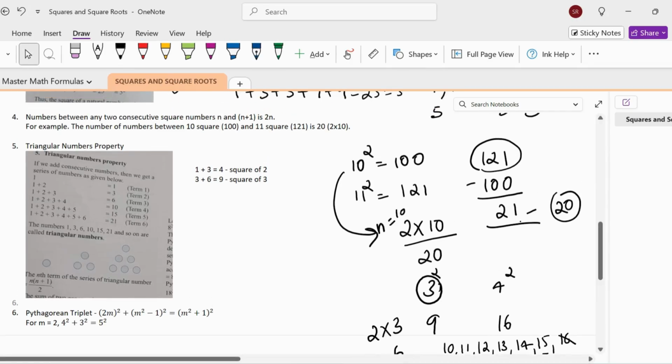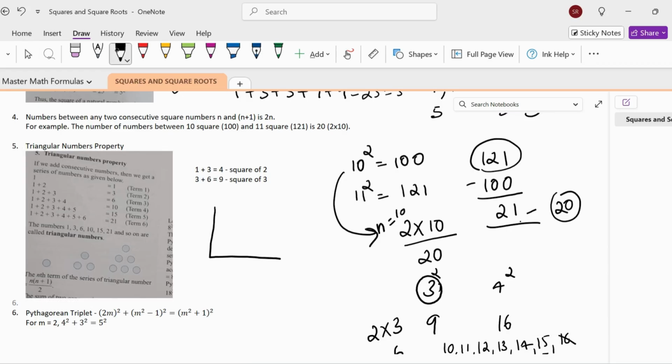Next is the fifth property, which is also called the triangular number property. Earlier we looked into only consecutive odd numbers, whereas here we are writing consecutive natural numbers in the form of a right-angled triangle. Can you see it is forming a right-angled triangle? 1, 1 plus 2, 1 plus 2 plus 3 and so on.